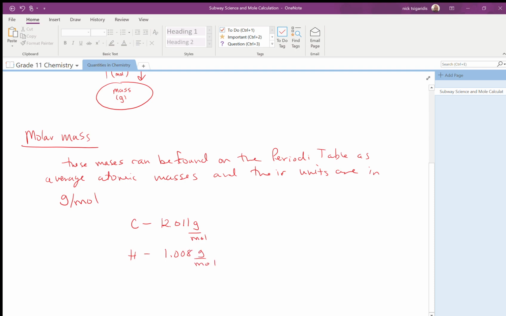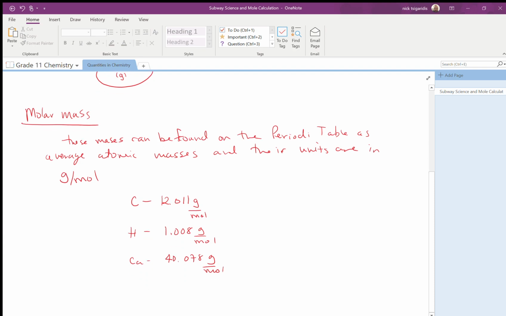If I was looking up calcium, for example, I would have a molar mass of 40.078 grams per mole. And this will be the last one I give to you guys, let's say I was looking at fluorine here, well, my fluorine would have a mass of 18.998 grams per mole.